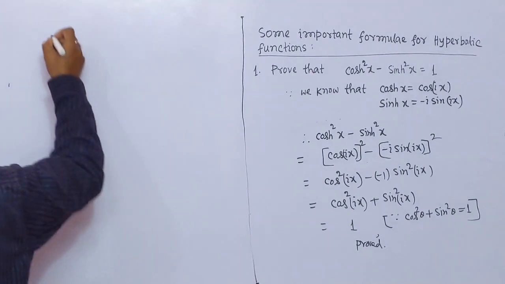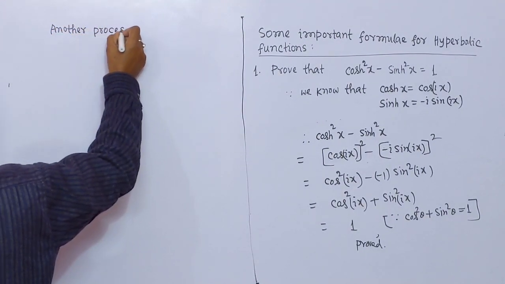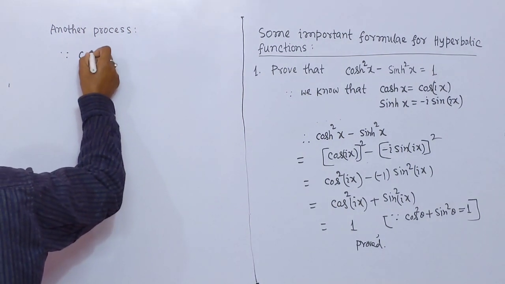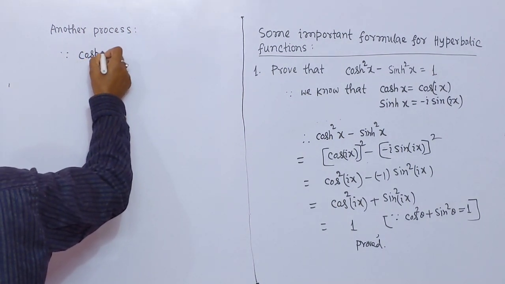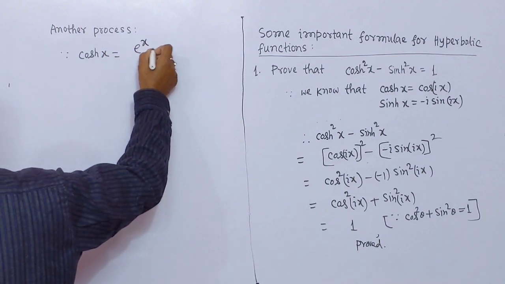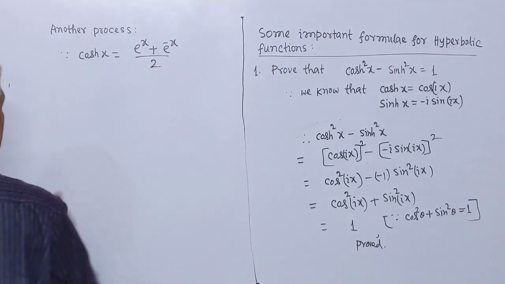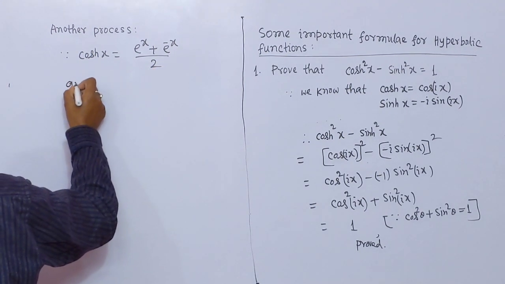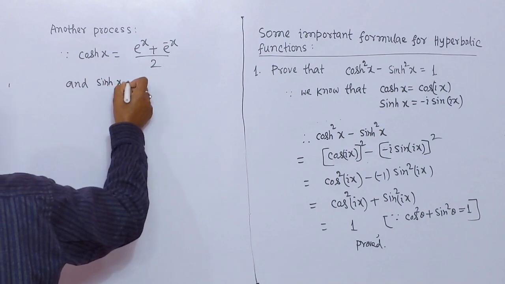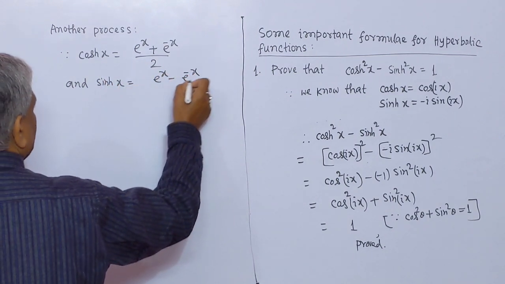Another process. Since cosh x equal to e to the power x plus e to the power minus x by 2, and sinh x equal to e to the power x minus e to the power minus x by 2.